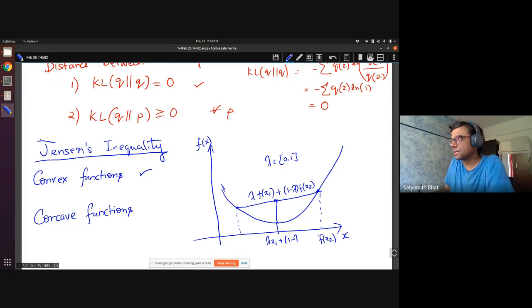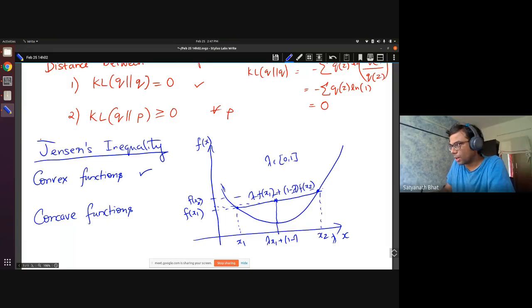What I meant to say is that on the x-axis, this is x1 and this is x2. This value is f of x1, and this value is f of x2. The intermediate value is lambda f(x1) plus 1 minus lambda f(x2).